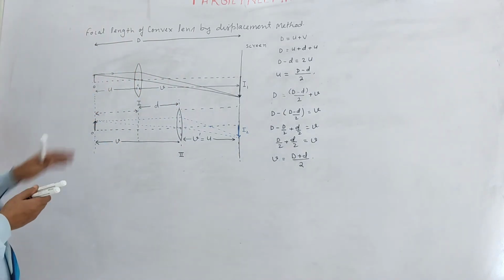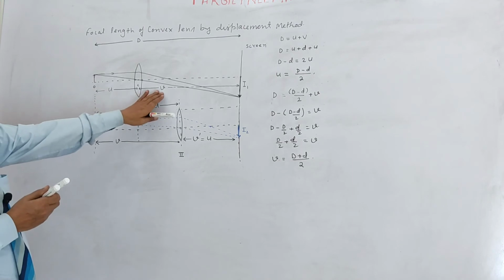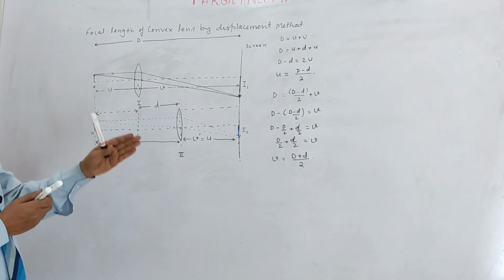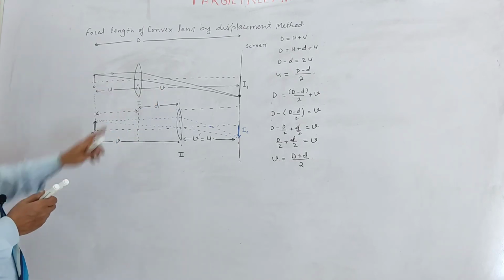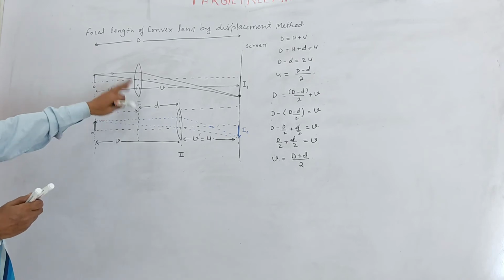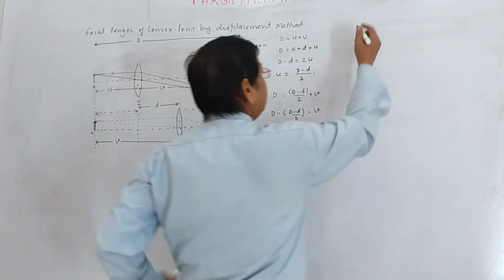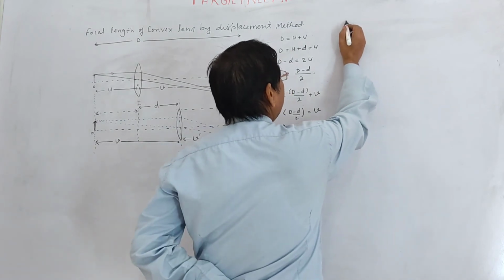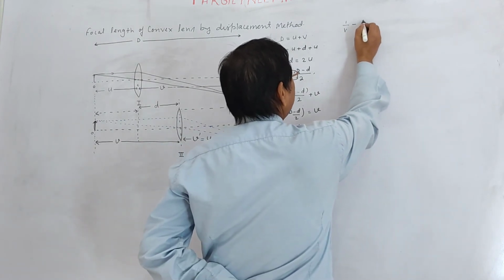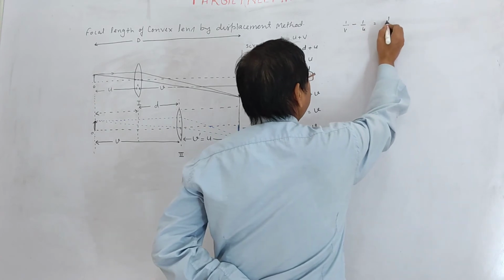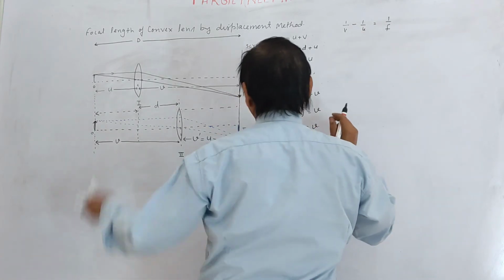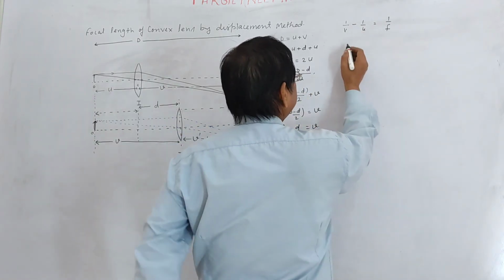Now if I consider the first case, I know u, I know v in terms of capital D and small d. So I can find the focal length of this lens by using the thin lens formula. By using the thin lens formula I can write 1 upon v minus 1 upon u is 1 upon f. Here u is negative, v is positive.